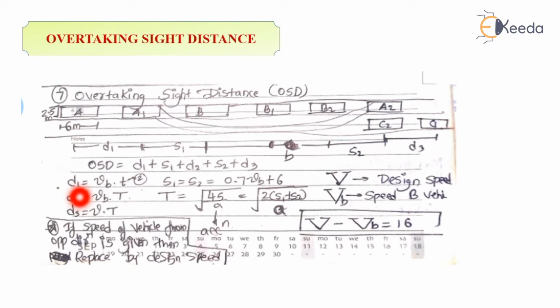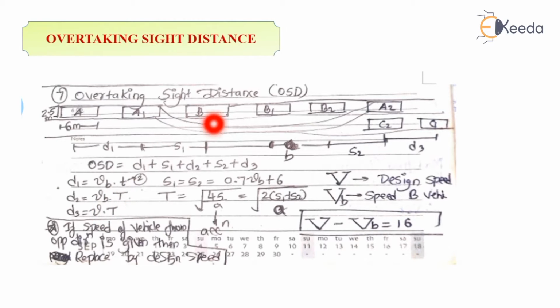So D1 is nothing but VB into t, that is speed of vehicle B into t, that is perception reaction time. In overtaking side distance, the perception reaction time is less, that is 2 seconds, as compared to the normally adopted 2.5 seconds.